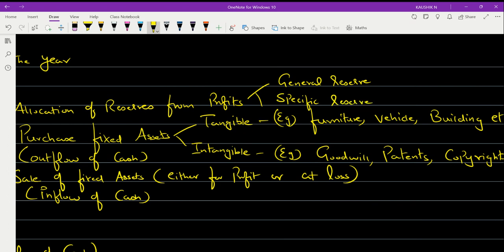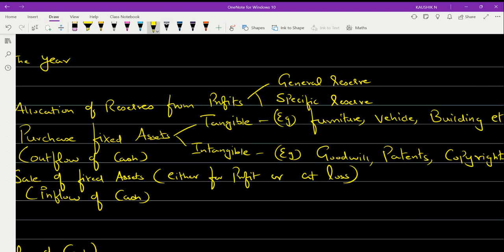because we learned that reserves are nothing but an amount which has been kept aside out of the earned profits. Do you remember? Yes, sir. So when you are going to segregate some portion of your earned profits towards reserve, what happens? Cash is going out of the profits. So that leads to an outflow of cash, right?